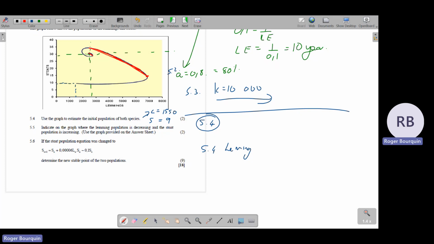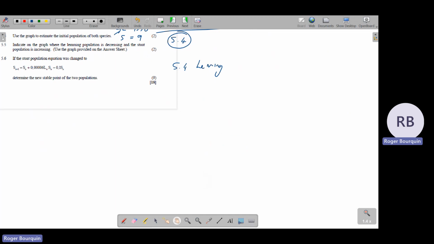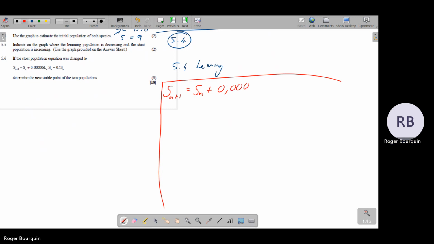They tell us that the equilibrium model changes to: the stoat population S(n+1) = Sn + 0.0006 ln Sn - 0.1 Sn. Determine the new set point of the two populations.